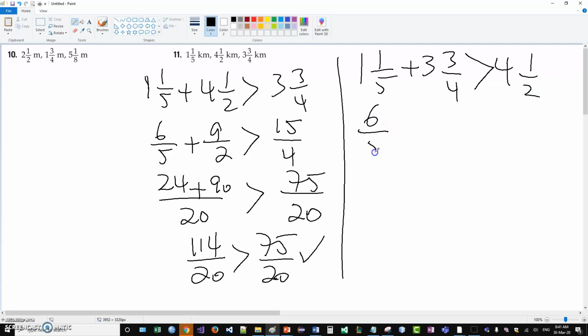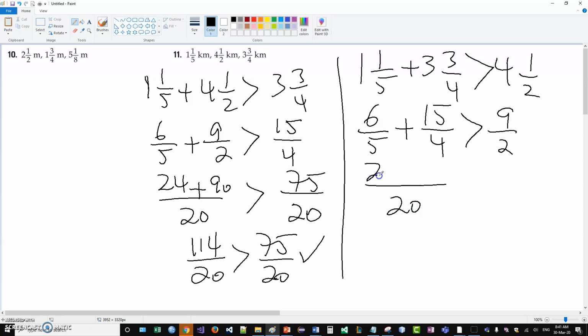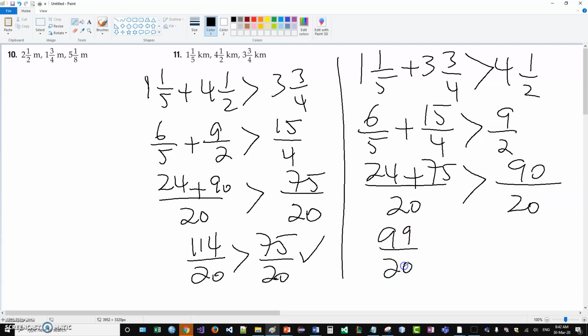Okay. 6 over 5 plus 15 over 4. 24 plus 75 over 20, so 99 over 20.